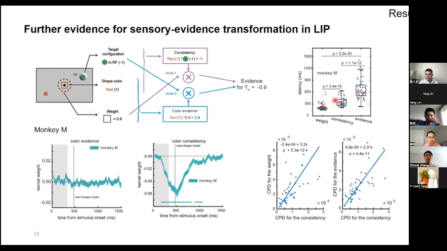And also, the average latency of the consistency was between that of shape weight and evidence, which is consistent with its role in the decision-making process. Because if you want to calculate the consistency, you need one-step computation, so it will be slower than the weight.